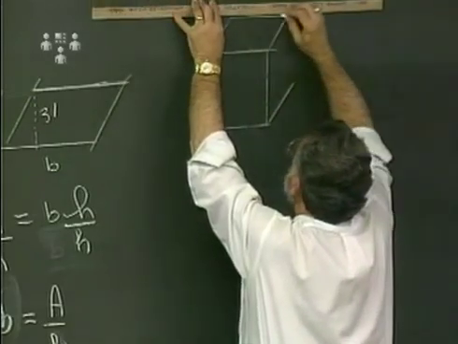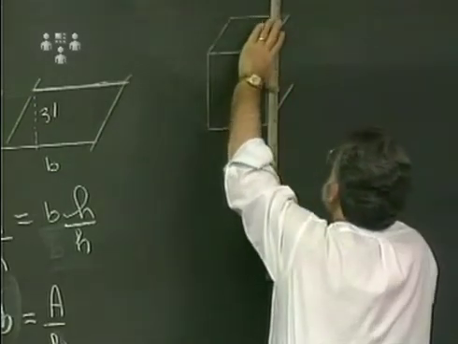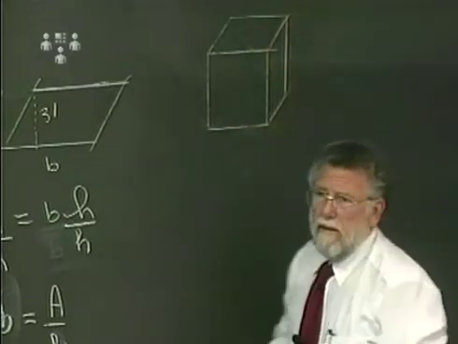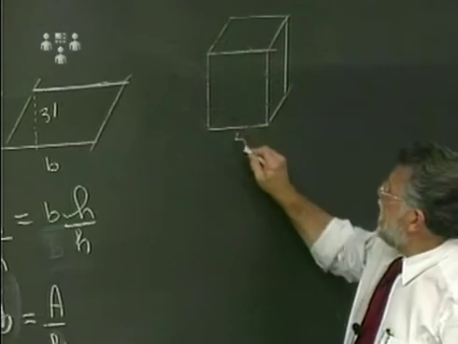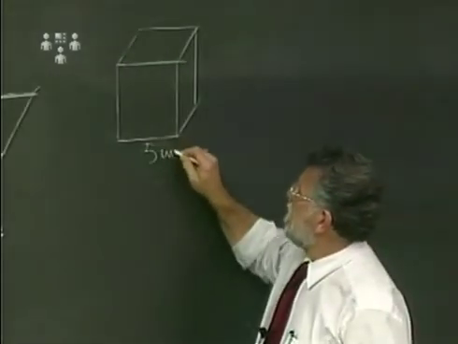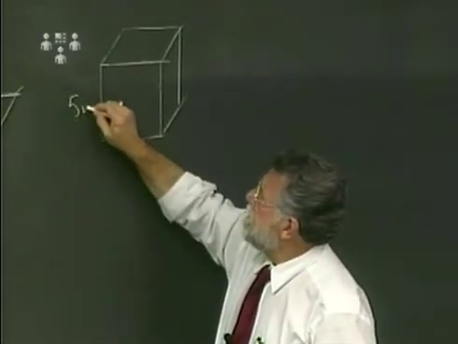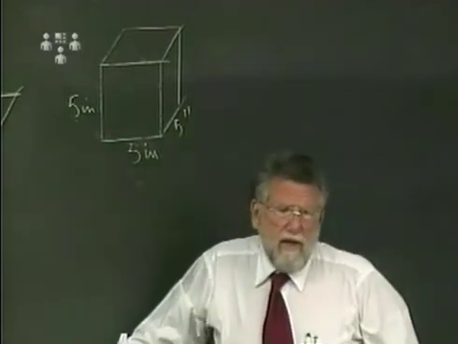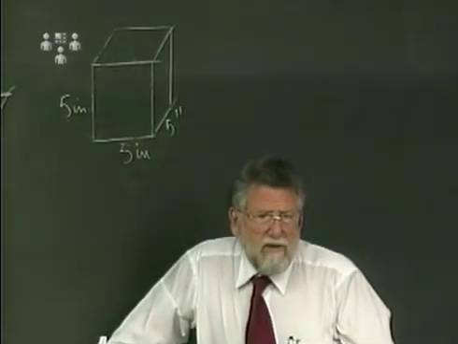Okay, a cube, and I say it's 5 inches by 5 inches by 5 inches. I expect you to be able to tell me that the volume is 5 inches cubed.